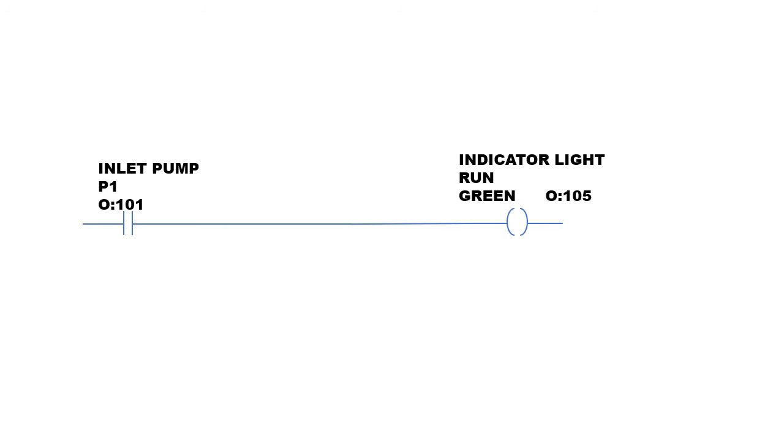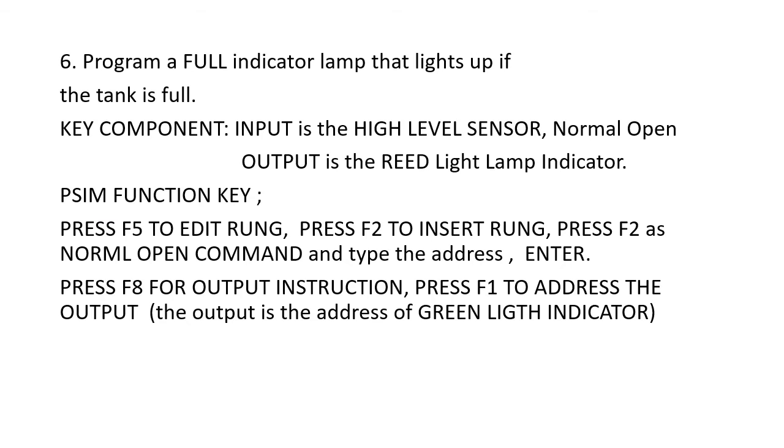So this is the diagram. For task 6, program a full indicator lamp that lights up if the tank is full. The key component input is the high level sensor, normal open.